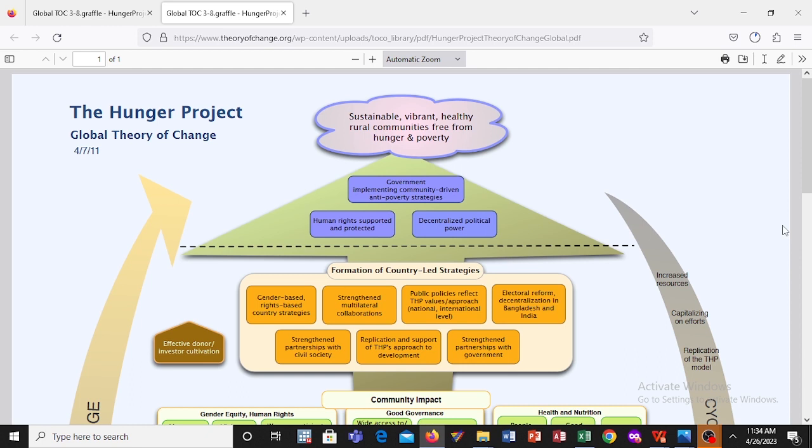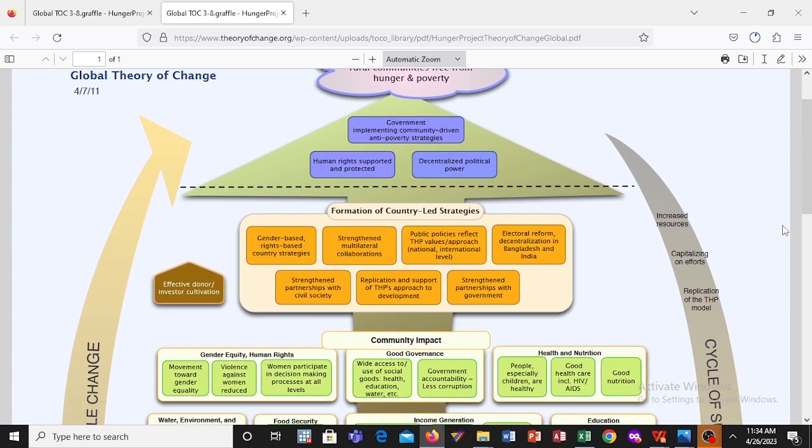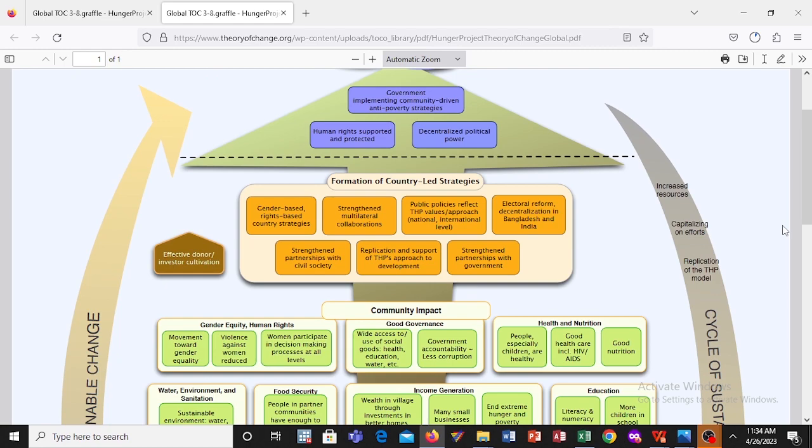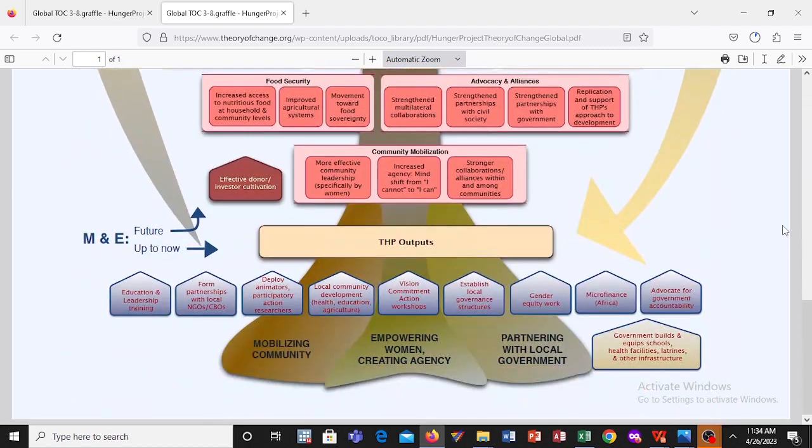So the change they hope to achieve is having sustainable, vibrant, healthy rural communities free from hunger and poverty. That's what they want to achieve. That is their change. And in here, they're outlining what will actually help us lead to that change. We start from the bottom.